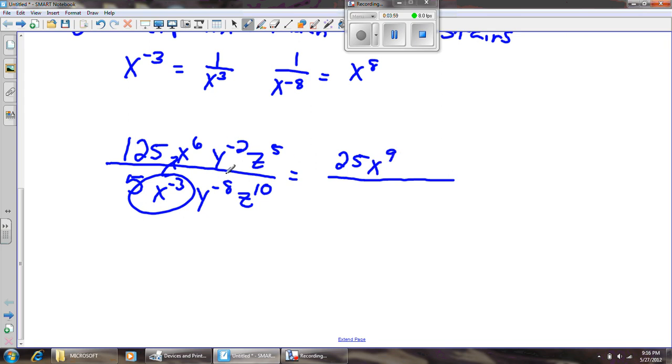These guys are going to switch places, giving me a y to the 8th in the numerator and a y squared in the denominator. But that, of course, will simplify to just y to the 6th. All right, and the z to the 5th over z to the 10th will result in a z to the 5th in the denominator. And my simplest answer would be this. Remember that whenever I do this, I always want to make sure that I have no negative exponents.